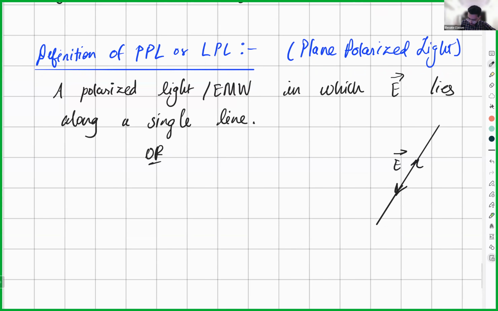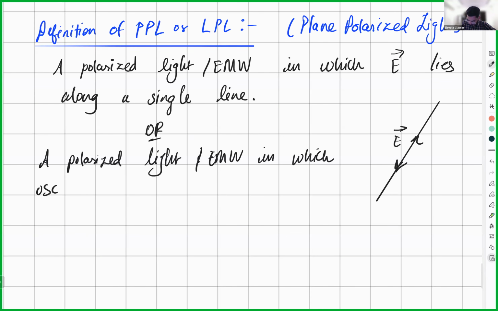Or you can also have another definition. A polarized light or electromagnetic wave in which oscillations of electric field or oscillations of wave lie along a single plane.